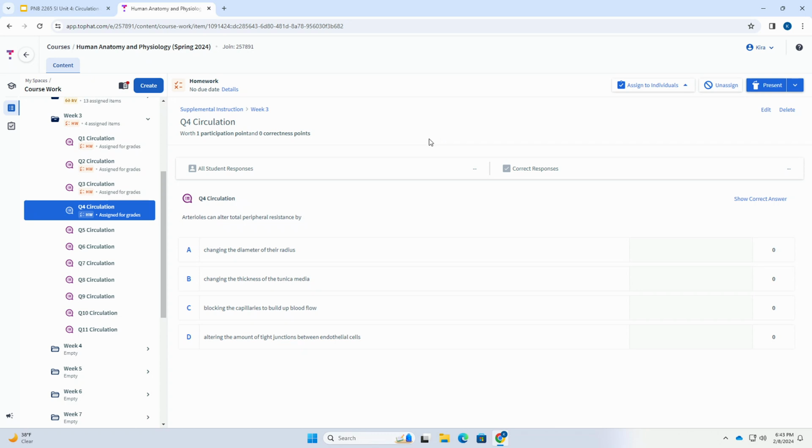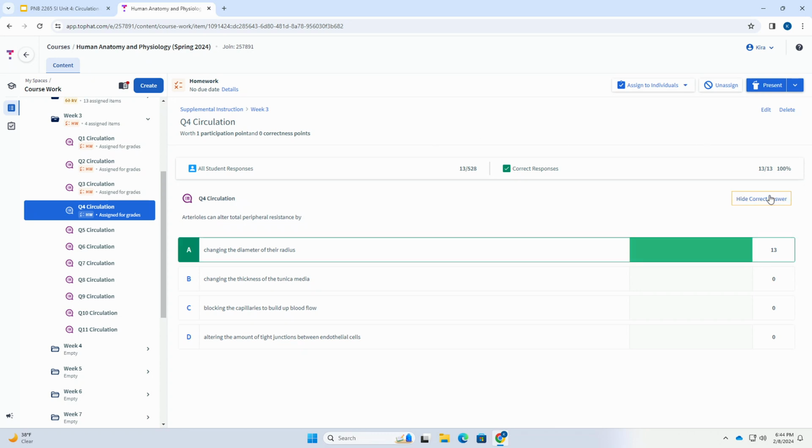Arterioles can alter TPR by... So that's right.